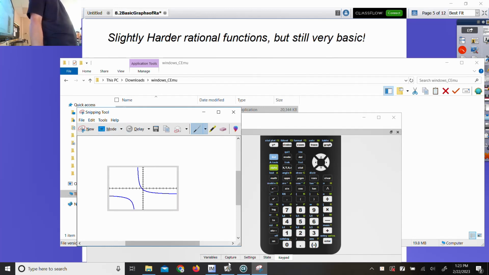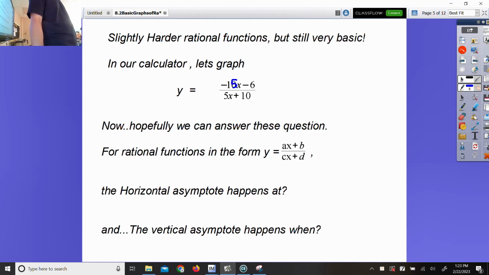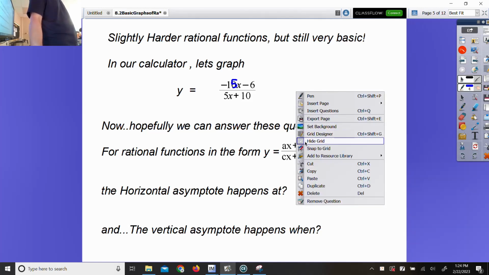We're going to finish this slide, kids. This is the slowest class I've had all day. Fifth period got all the way to slide 8.